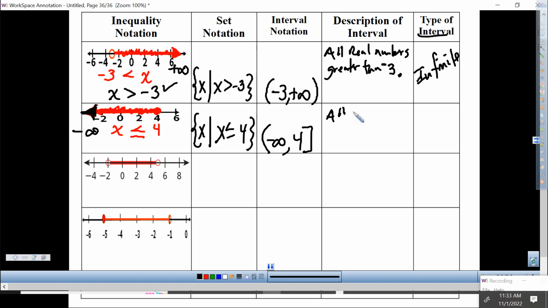All real numbers less than or equal to 4. And since one of these sides is going to infinity, that's what we're going to write: infinite.